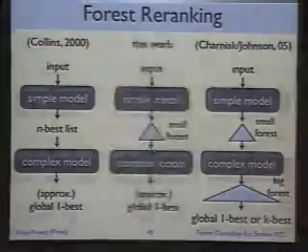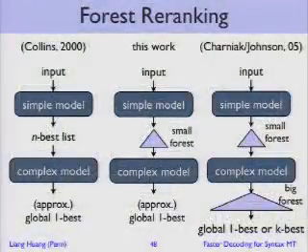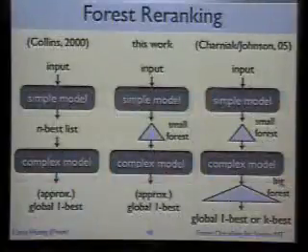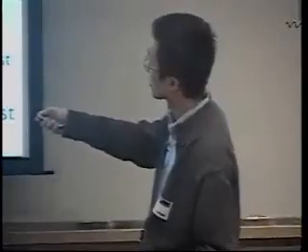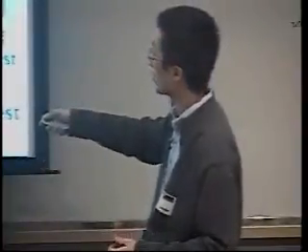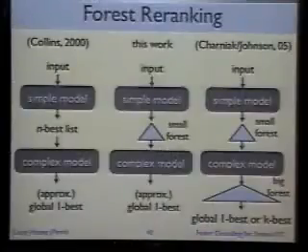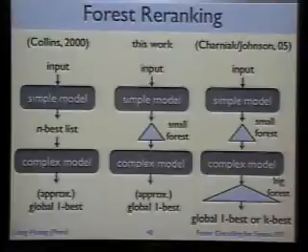Is that right? Okay. So our work is that you still have the same first pass, a small forest, and you can prune the forest, like what you guys did. But the complicated model works only on the small forest, doing the k-best on the small forest, but the k-best is sensitive to the combined cost. That is, the k-best in our work is the k-best of the language model combined with the translation model.